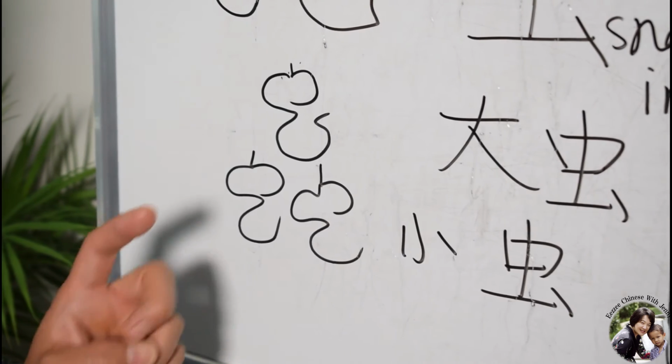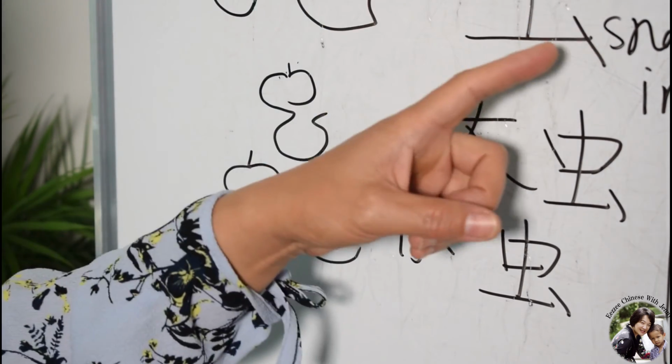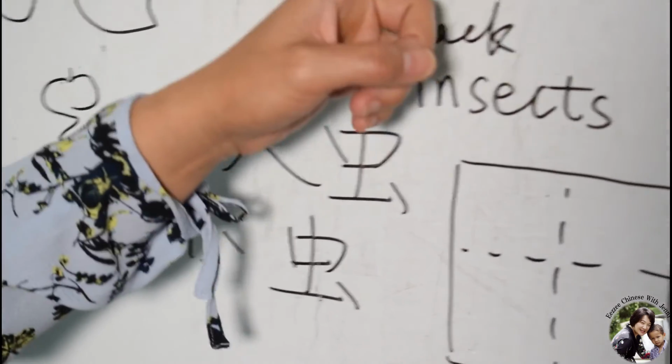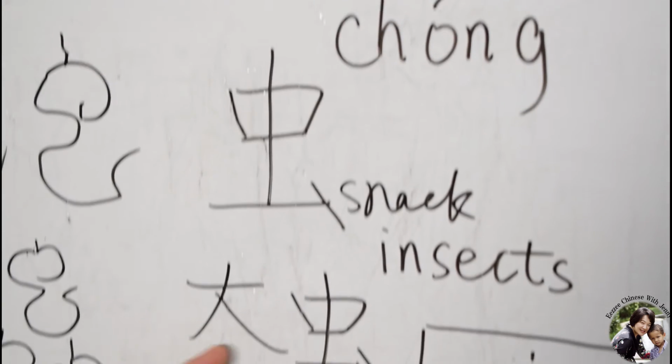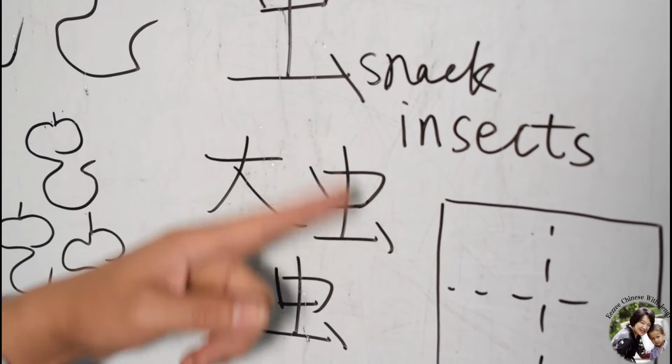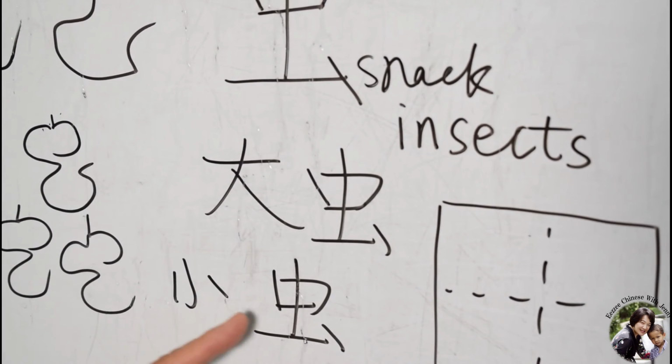The pronunciation is chong, 虫. 大虫 means a snake, 小虫 means insects.